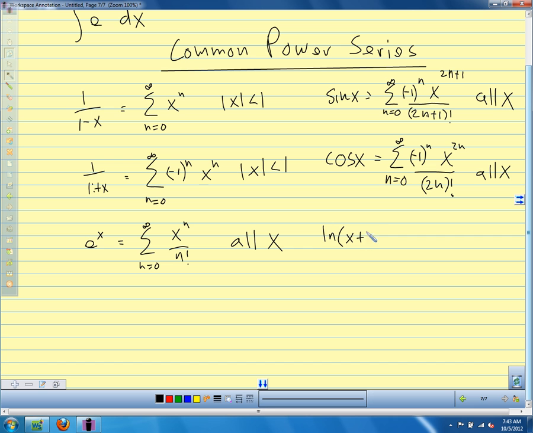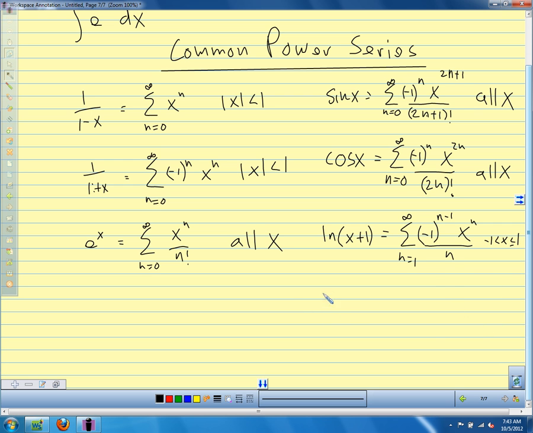We did the natural log today. For this, we did x minus 1, so I'm going to write the series for 1 plus x. This is the sum of minus 1 to the n minus 1, x to the n over n, and this is for minus 1 less than x less than or equal to 1.